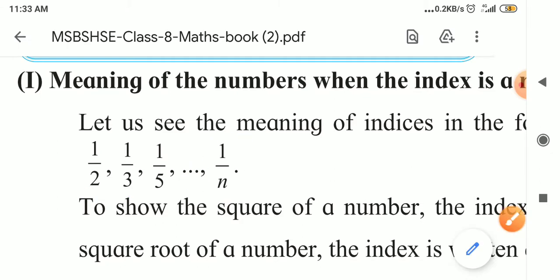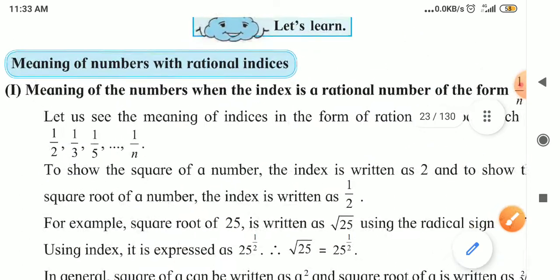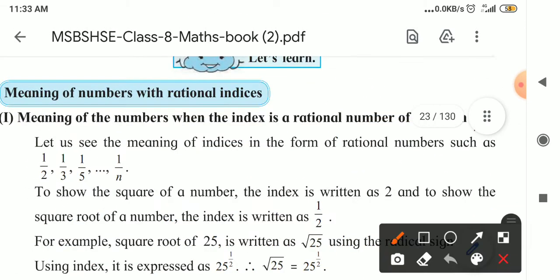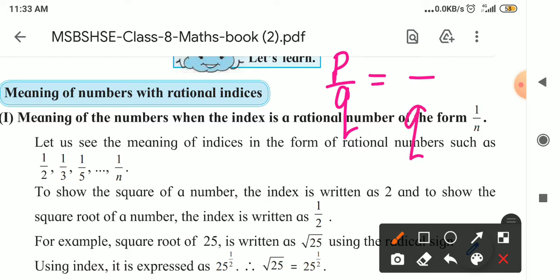In this form, the index is a rational number. Rational numbers are the numbers which are in the p upon q form, where p and q are integers and q is not equal to 0.